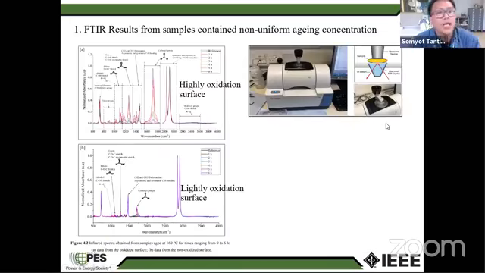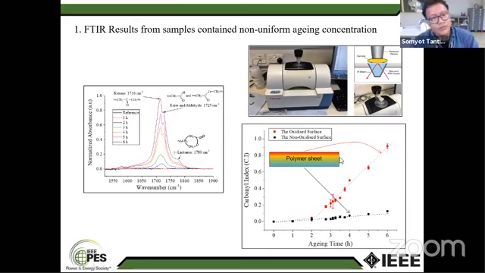For the key results, this is an example of chemical analysis using FTIR equipment. This is the result I got from the aged samples containing non-uniform aging concentrations. We could see figure A, this is a highly oxidized surface, and figure B, a lightly oxidized surface. I measured the change of chemical structure for the two surfaces, and then I plot the carbonyl index derived from FTIR spectroscopy at the peak position at about 1700.